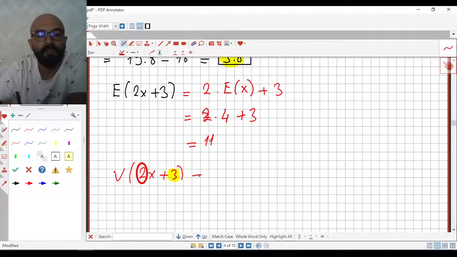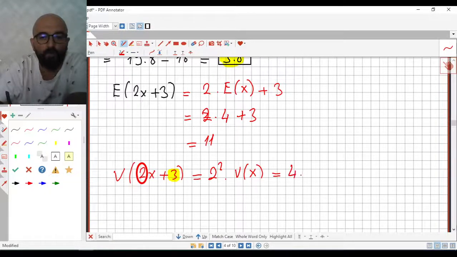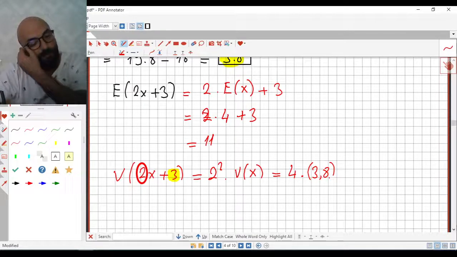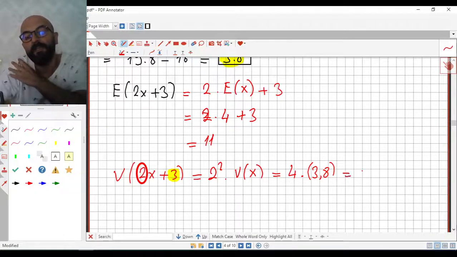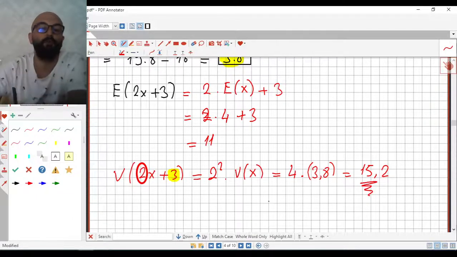So it means 2 square multiply the variance of x. So 4 multiply 3.8 means 15.2.